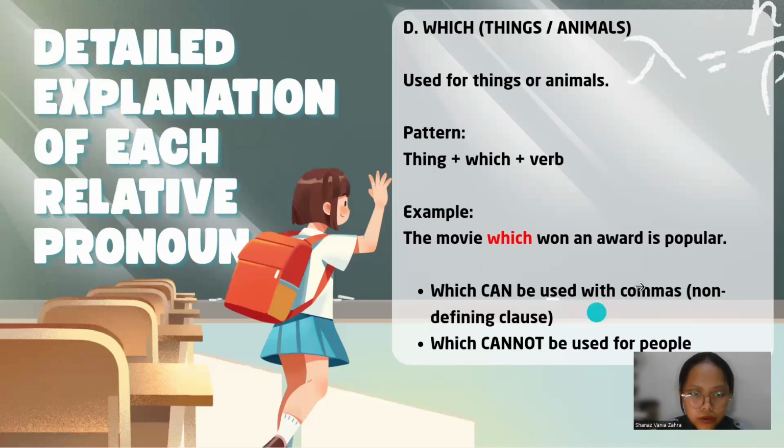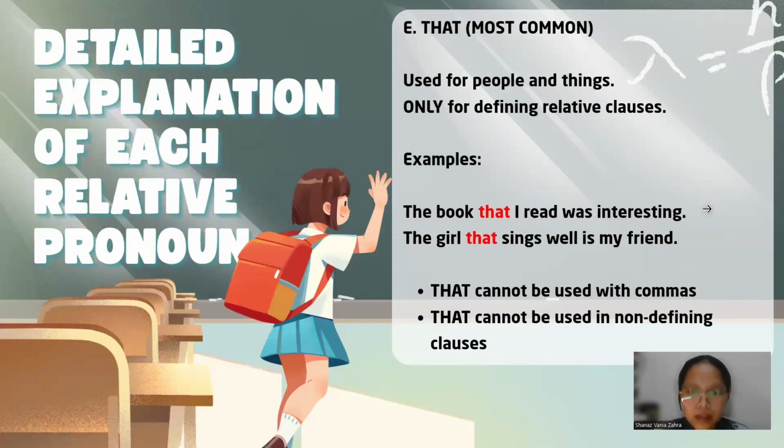And the last of the relative pronouns is that. All right, let's look at my slide. That is the most common, used for people and things, only for defining relative clauses. That cannot be used with commas, and that cannot be used in a non-defining clause. All right.